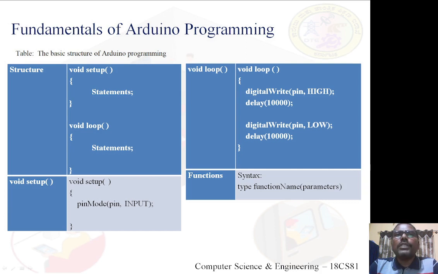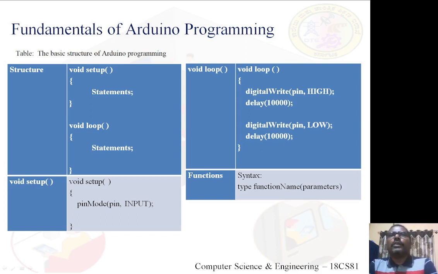And the next function, named loop, as the name itself says, keeps on repeating again and again. The loop function is invoked repeatedly until the Arduino is turned off. As long as Arduino is powered on, loop keeps executing.